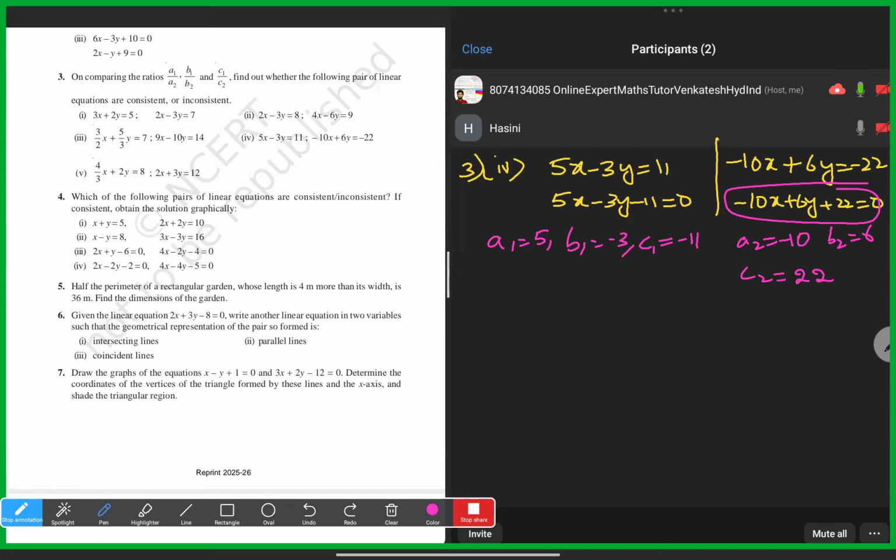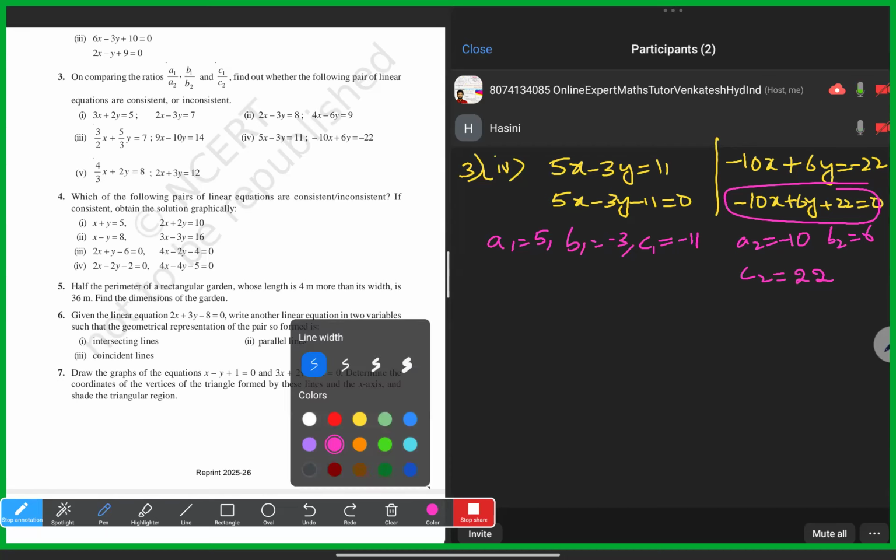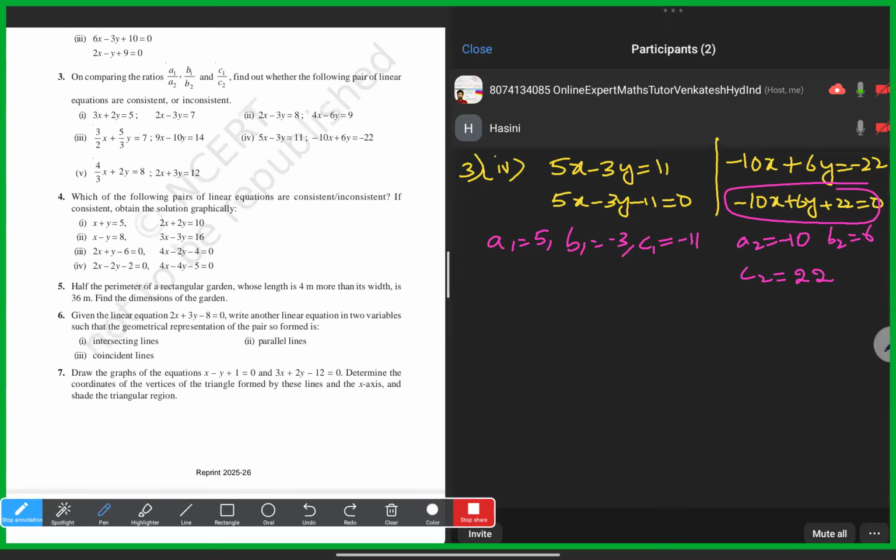So now we are doing A1 by A2, B1 by B2, C1 by C2. A1 by A2 is equal to 5 by minus 10, which is 5 1s are 5, 5 2s are 10, so 1 by minus 2, which is minus 1 by 2.